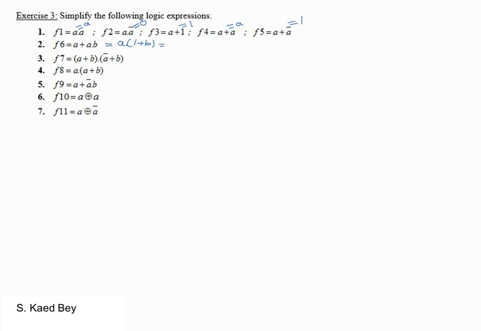This is always 1. So we end up with A ANDed with 1. From the identity law, A ANDed with 1 is always A. And this is what we call the absorption law.